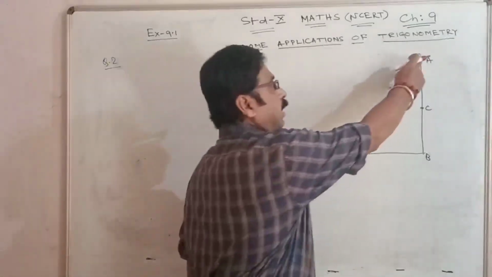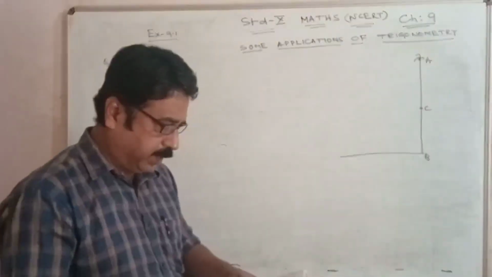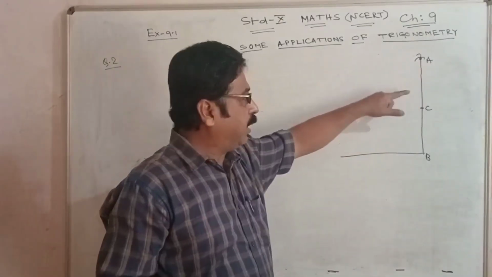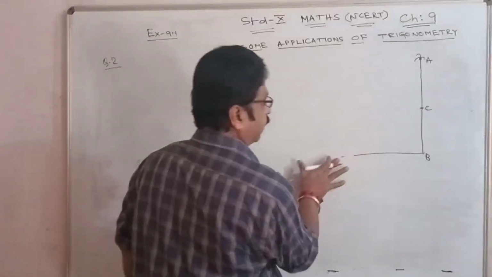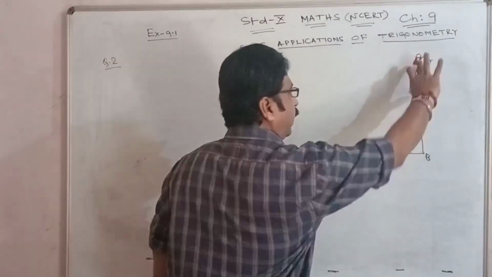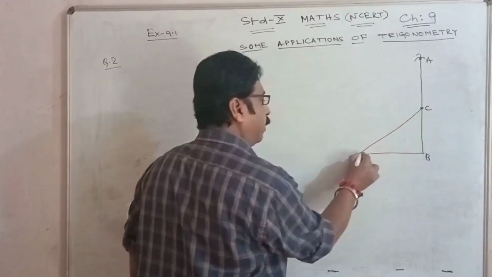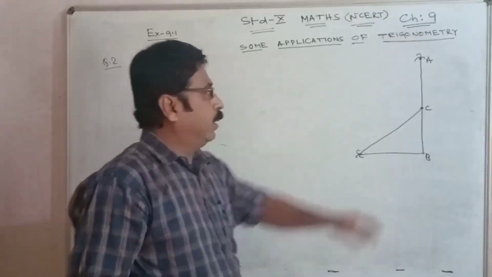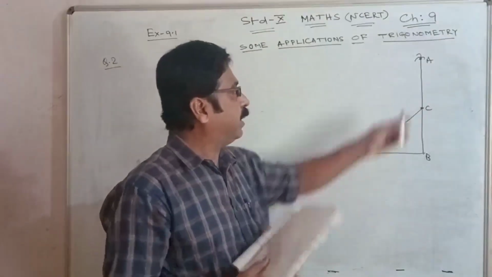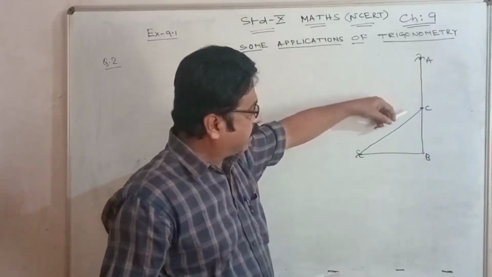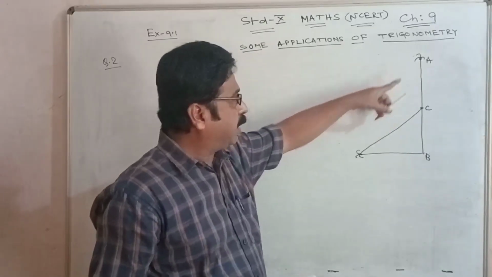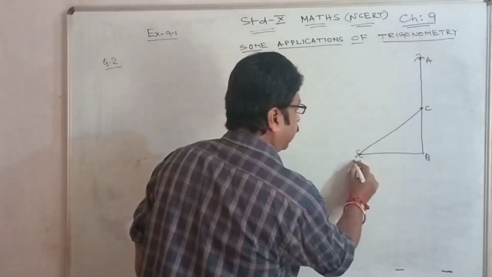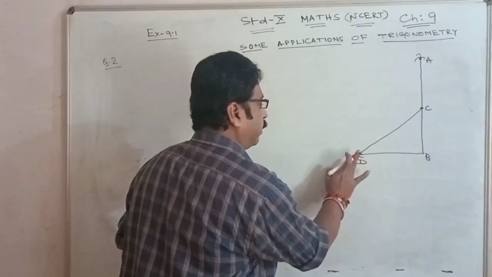It is the top of the tree, A point, B point is the bottom of the tree, and from this point, this upper part of the tree is broken and it touches the ground like this way. Same length will be here. Top part touches the ground at this point. Let this point be D.